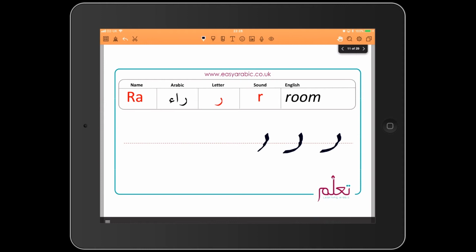It's like a semicircle. Ra. And ra, and ra. When we start to do the joining of the letters, you'll actually see how easy it is to write. So ra.